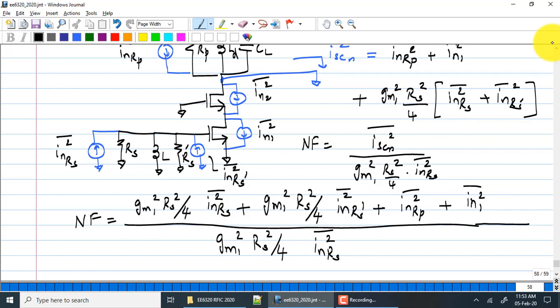What this is telling you is that there is a bad way to go about this. You should not be adding a resistance to match to 50 ohms, because you know that all resistors add noise. Adding resistance to do input matching is a big no-no, because you are basically adding noise.